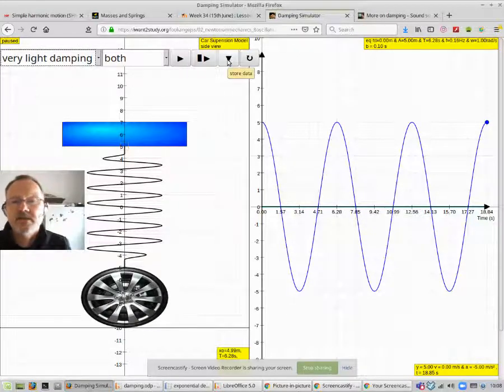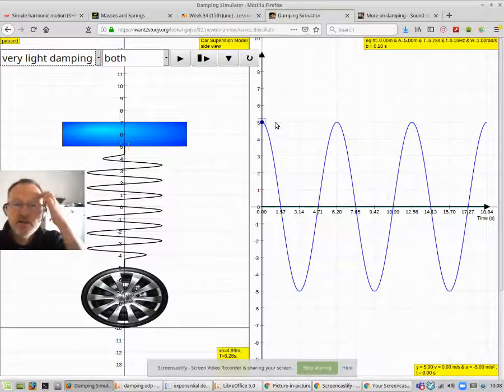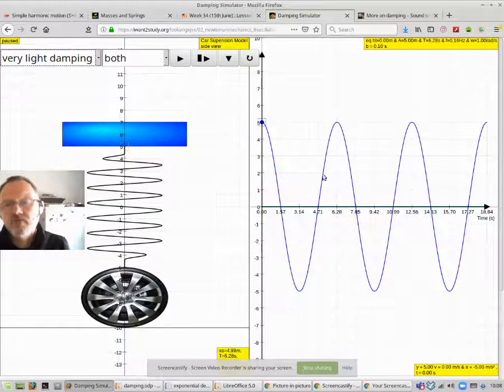And I will add it on top of the graph that we've already got here. So draw a sketch of how you think the very light damping might be different to the graph that's shown here. Okay, so if you pause your video now and sketch how you think the very light damping might compare to the one we've got here.